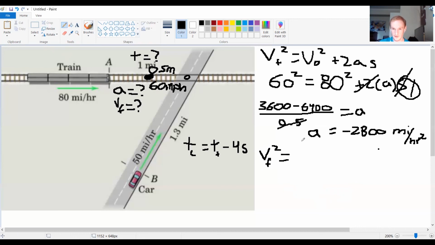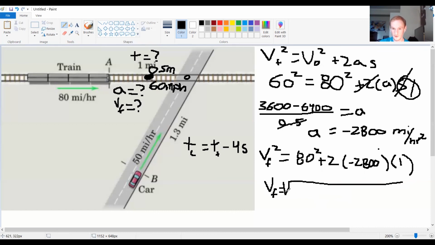Our initial velocity is still 80. But now we have our acceleration as negative 2800. And then the position will now be 1.